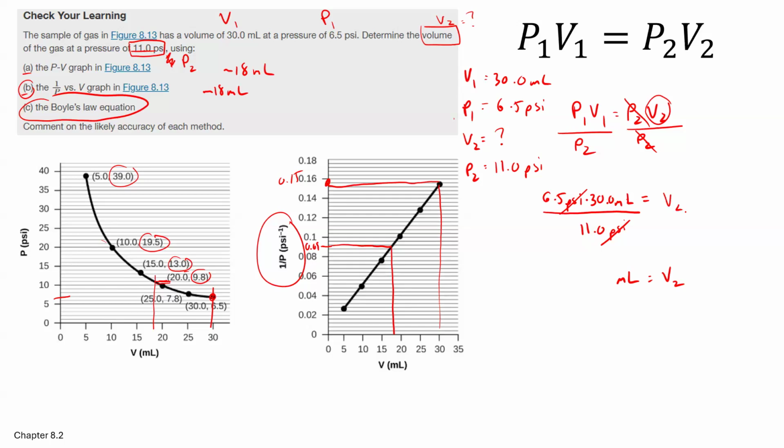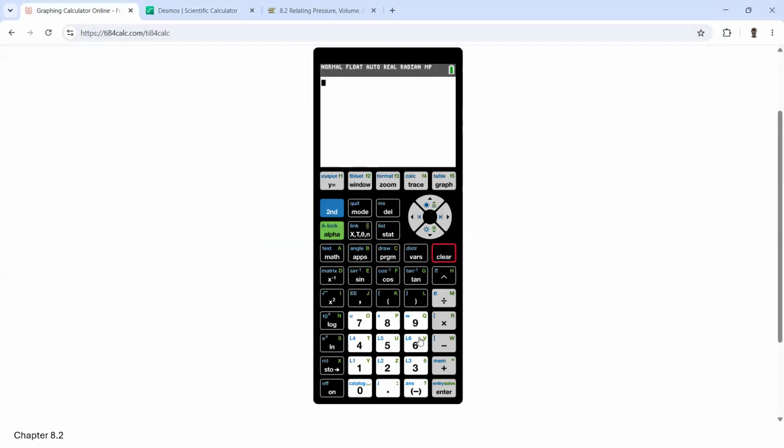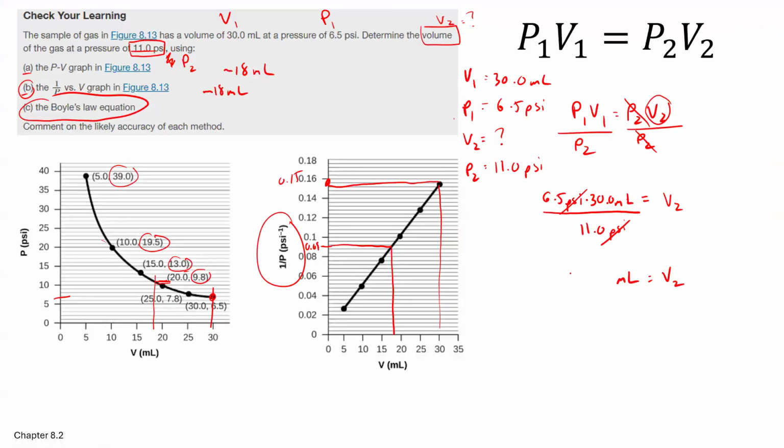So let's do the math. 6.5 times 30 divided by 11. All right, so I got 17.7 mils. We have 2 sig figs, 3 and 3, so this is going to be 18 mils, and that's V2.